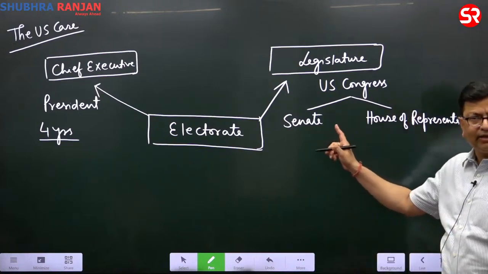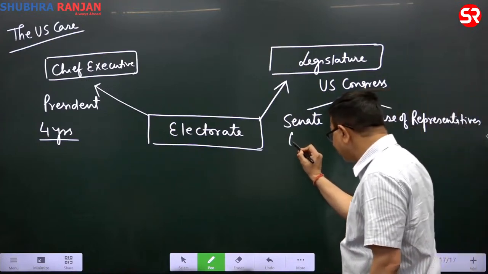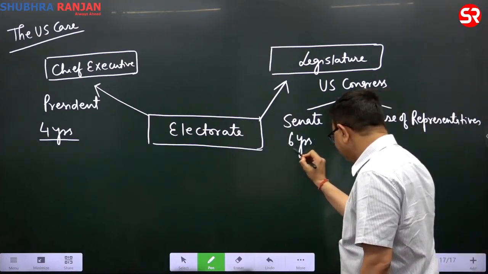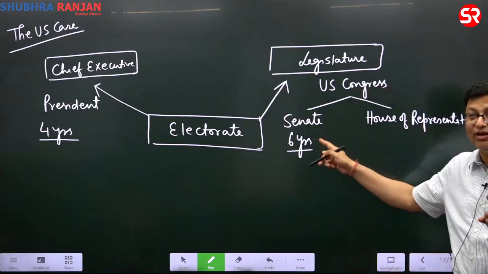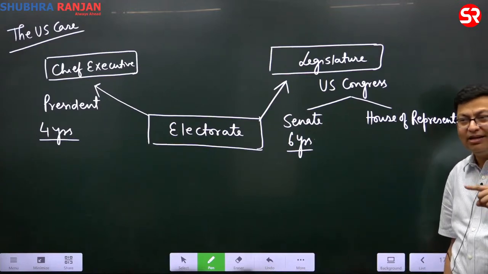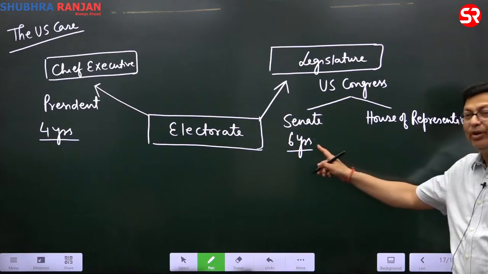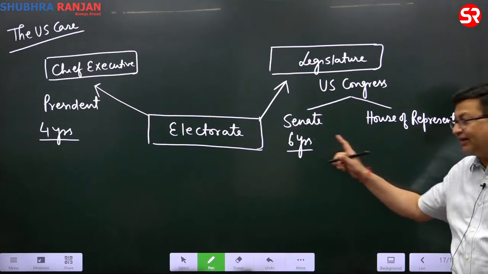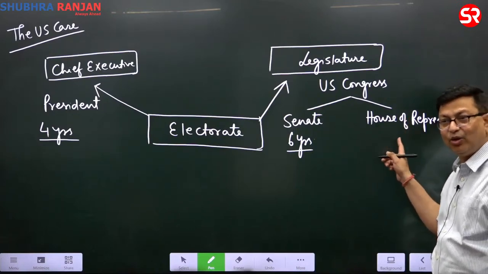The people elect the members of the Senate every 6 years. There is direct election also. No doubt it is just like our Rajya Sabha. But in the case of Rajya Sabha in our country, the MLAs elect the representatives. But here the people directly elect the representatives. And the House of Representatives is just like our Lok Sabha.